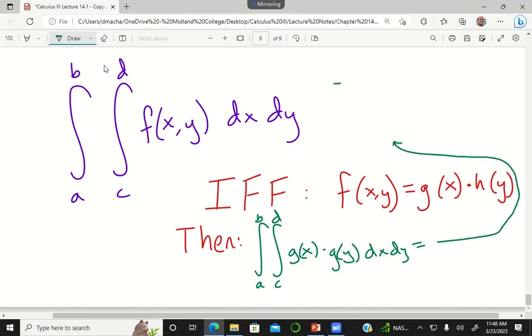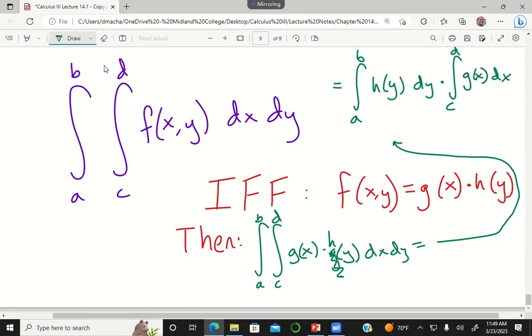It's equal to the integral of the y part. Sorry, that should be an h. The y part with respect to y times the integral of the x part with respect to x. Okay.